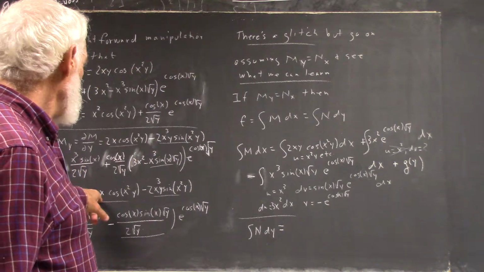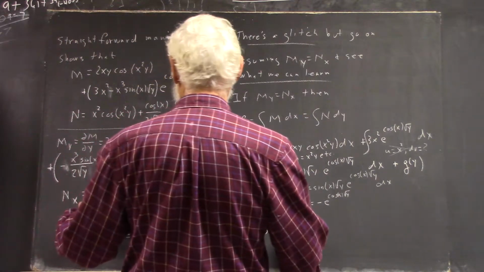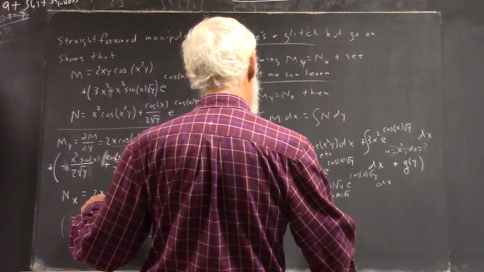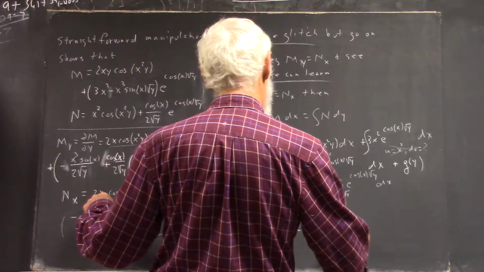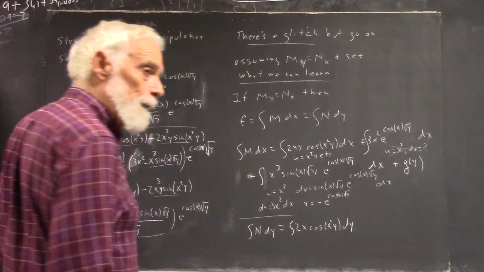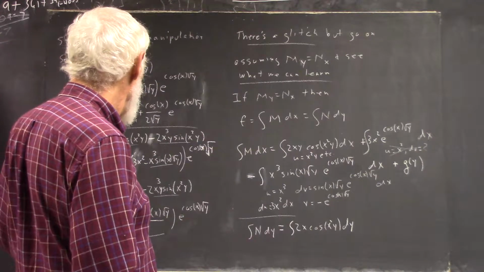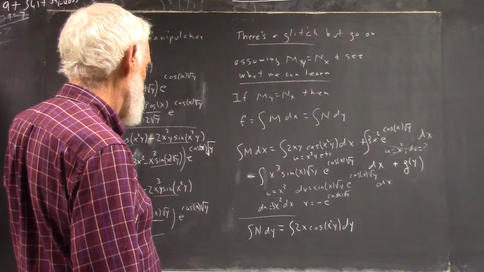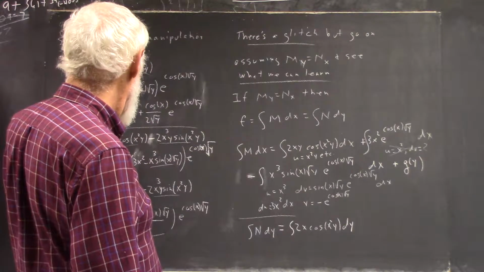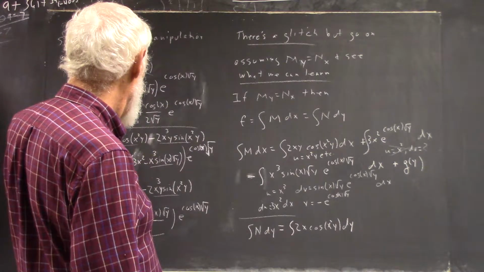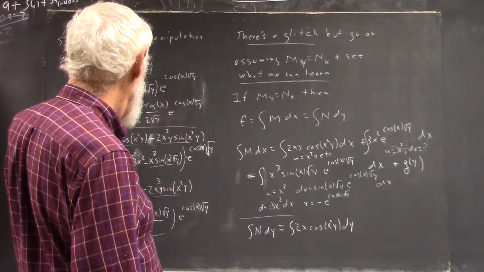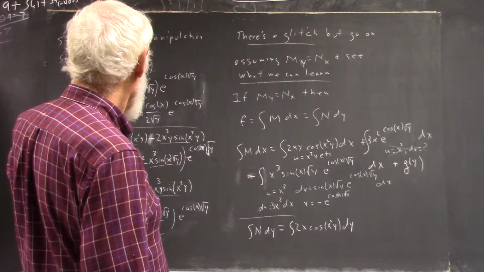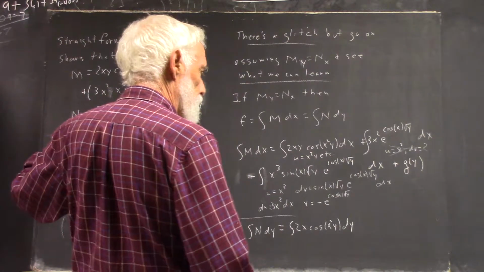You're going to end up with the integral of 2x cosine of x squared y dy, which is a little bothersome, but you can probably do an integration by parts.